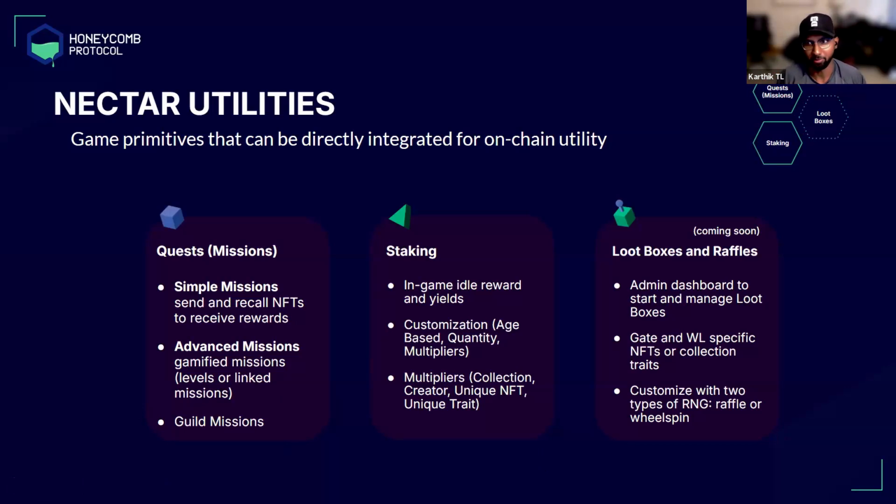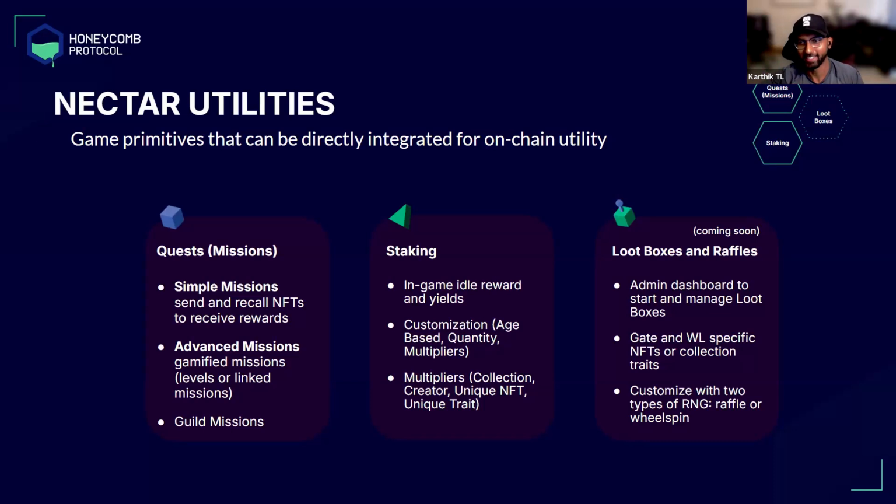In Honeycomb, we brought all those settings in. For example, you can do age-based, quantity-based multipliers, as well as collection-based, creator-based, specific unique NFT multipliers, unique trait multipliers. Then you can combine multipliers together to create more extreme scenarios, just to give an idea. But yeah, the options are endless.